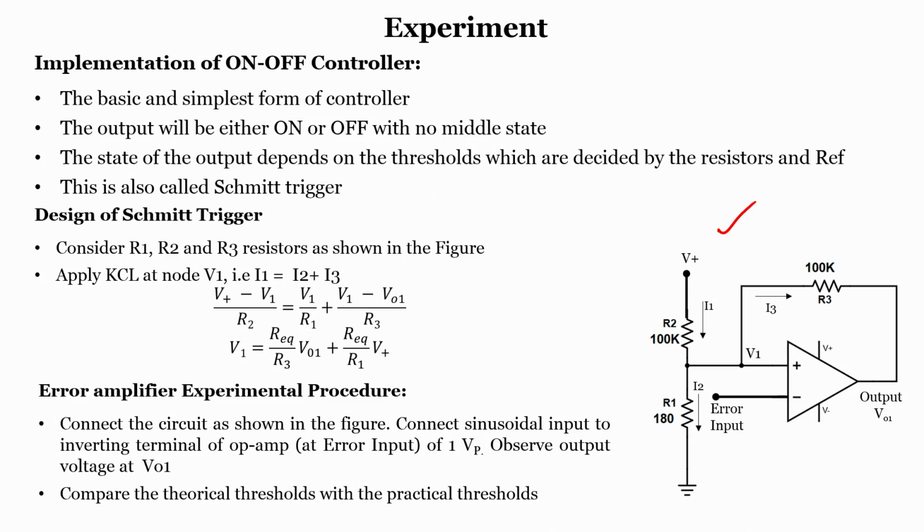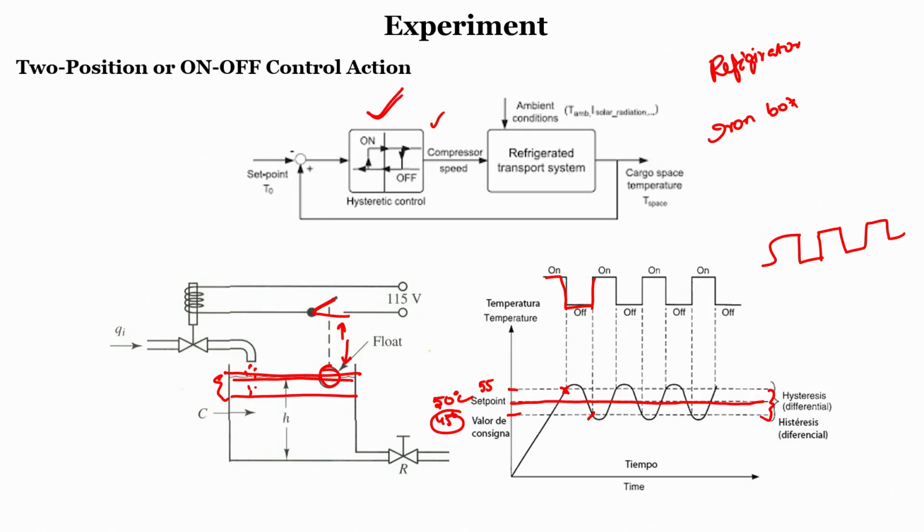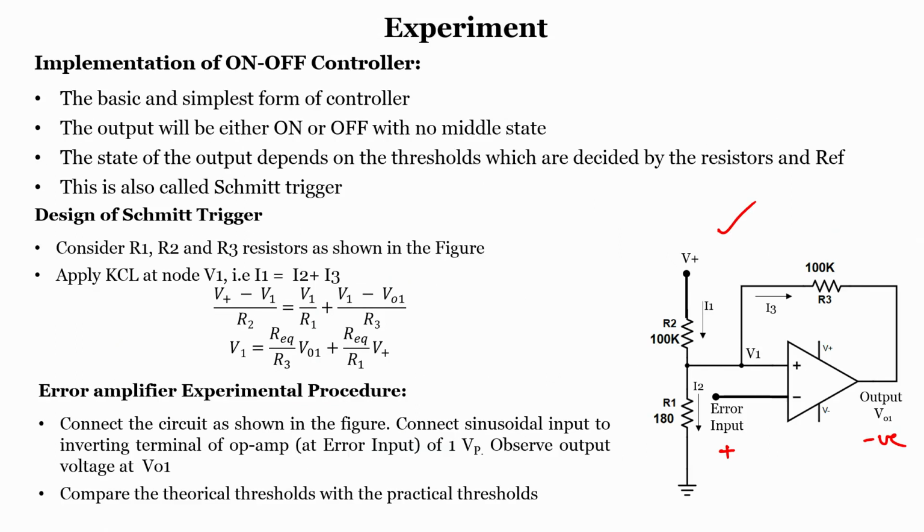Since it is inverting type, when the input is positive, we will get a negative output, that is clear. Now, how do we set our thresholds? We have to set two thresholds, one higher threshold point and the other a lower threshold point. That will be completely done by choosing these resistors.